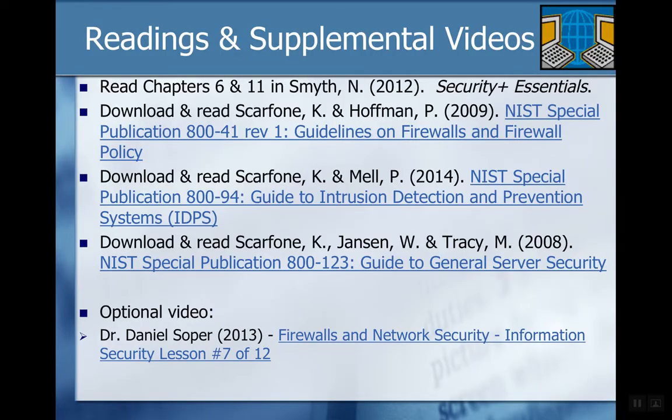This deals with chapters 6 and 11 in the Security Plus Essentials book, and there are also a couple of NIST articles, which would be good reference around some of these concepts around firewalls and intrusion detection.